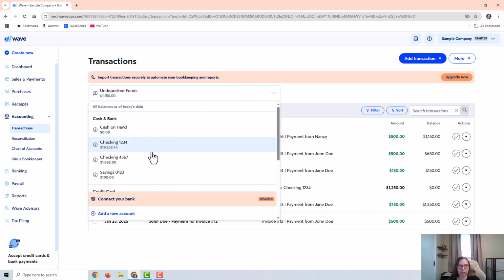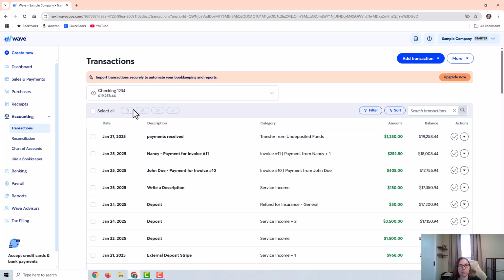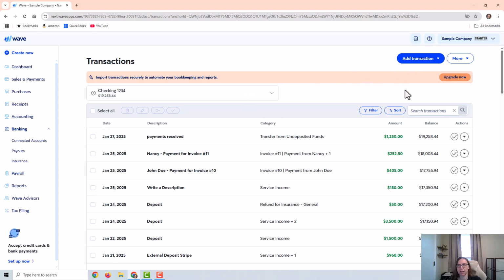So let me go to the checking account. If your bank is connected, if you have a bank connection over here in connected accounts, you would already probably have a line item for that deposit here, and you would simply find it, choose the transaction option, and edit more details. But obviously this is a sample company, so I don't have a bank connection.